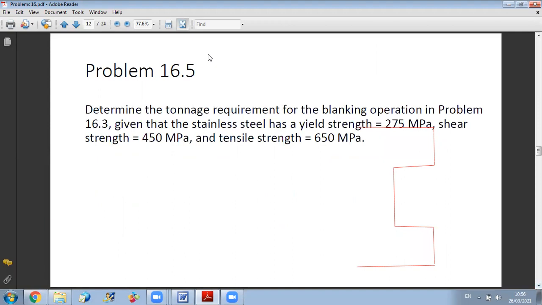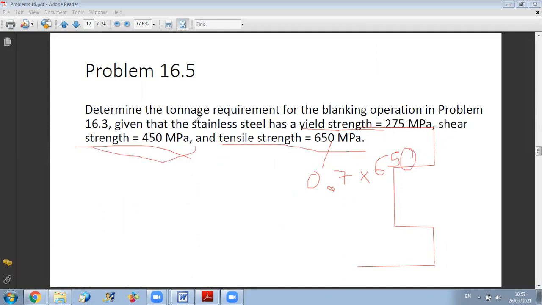Now, just one remark. When they give you all the properties, and here you have yield strength, shear strength, and tensile strength, don't use in this case the approximation 0.7 times 650, because it's an approximation. If I know the actual value, why would I use the approximation? So here you will directly use the shear strength given, which is 450 megapascal.